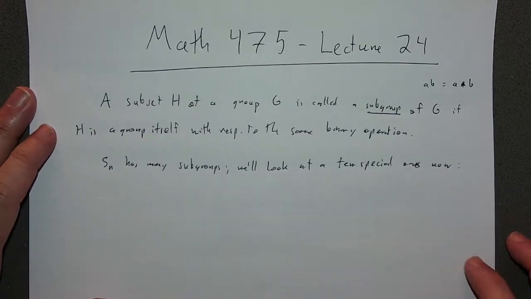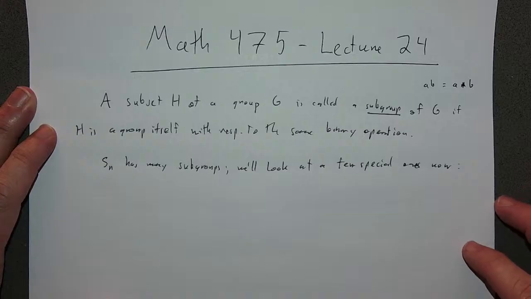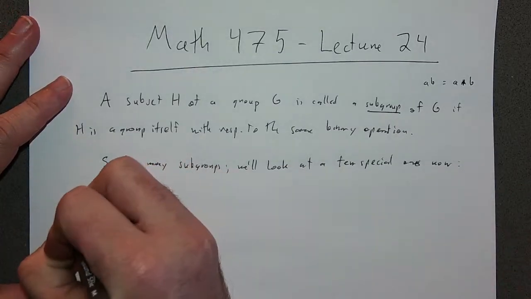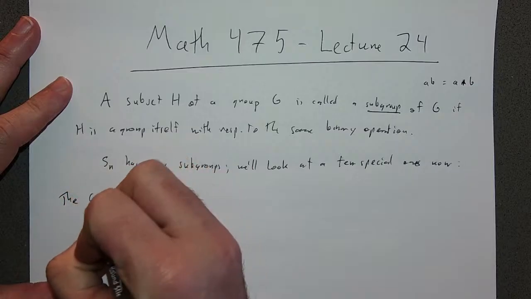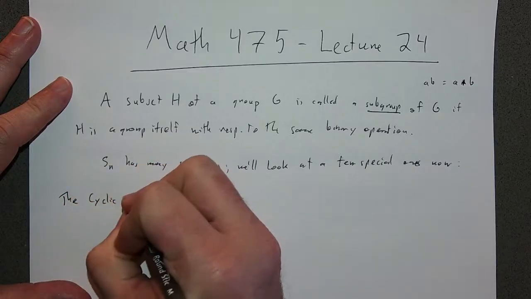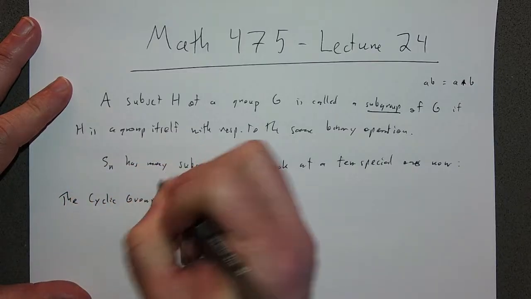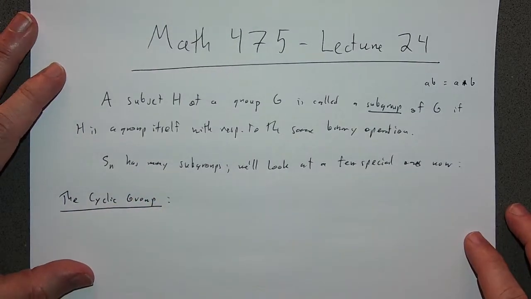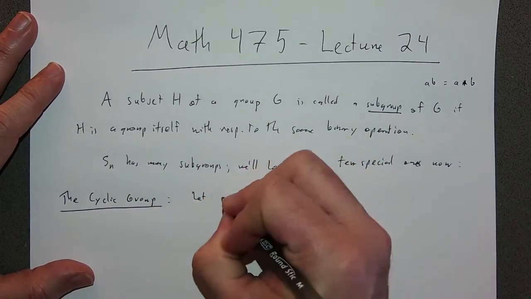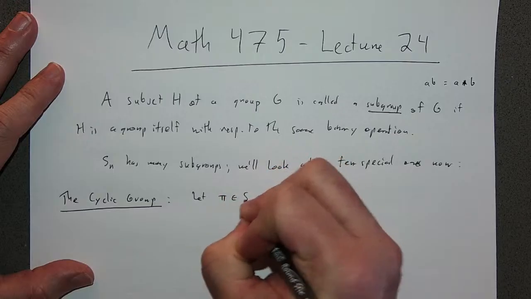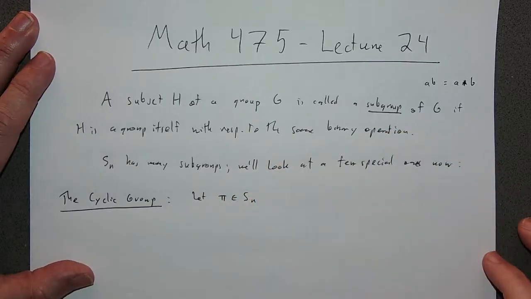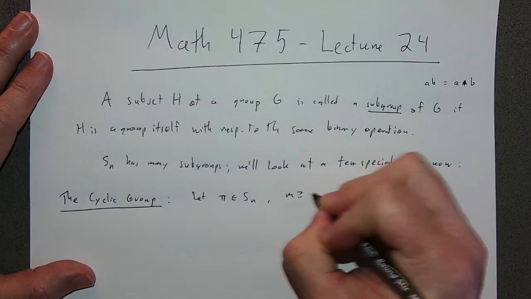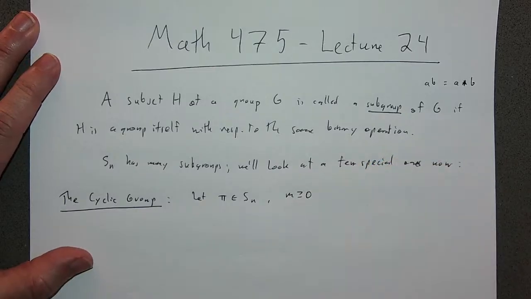So here are a few special subgroups. The first type is the cyclic group. Let pi be a permutation in our symmetric group. Let m be a non-negative integer.